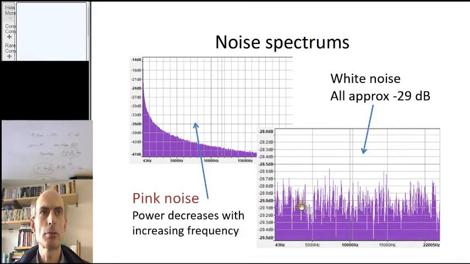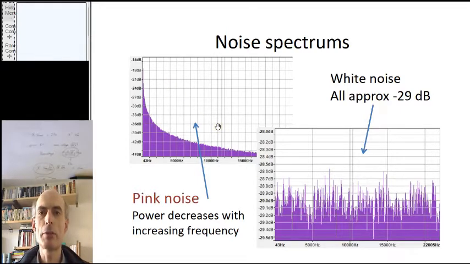It looks ragged purely because the scale on the y-axis is so small, but every single value there is within half a dB of minus 29 dBs. Effectively, that is a flat spectrum. Same amount of energy in every single one of the frequency ranges. That is what we refer to as white noise.